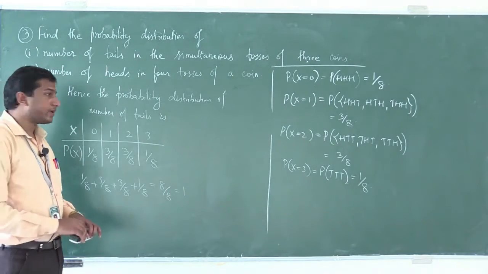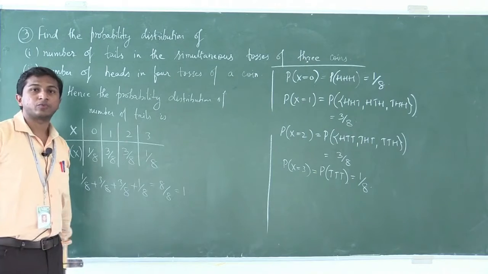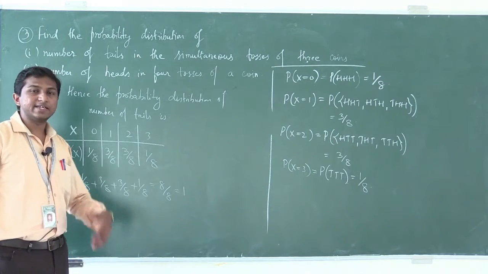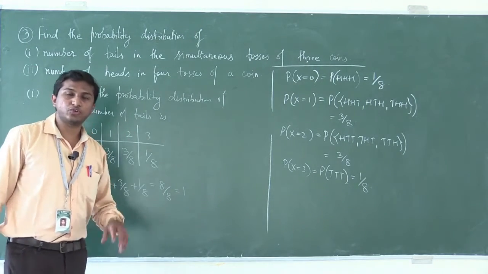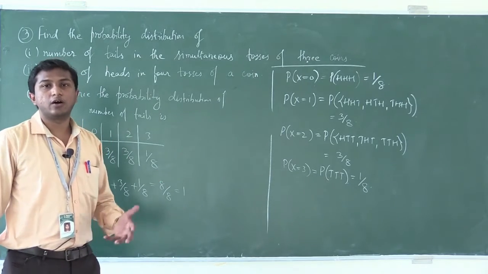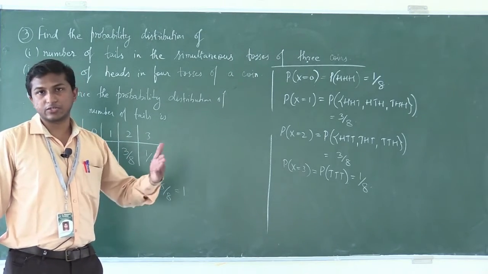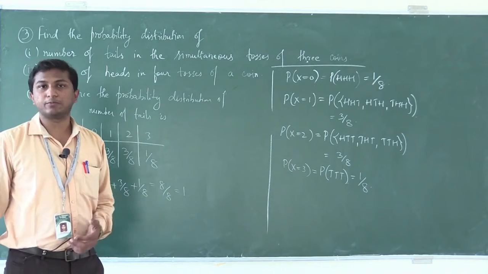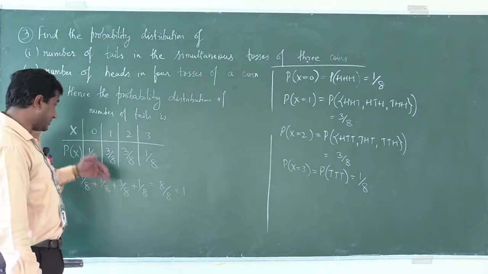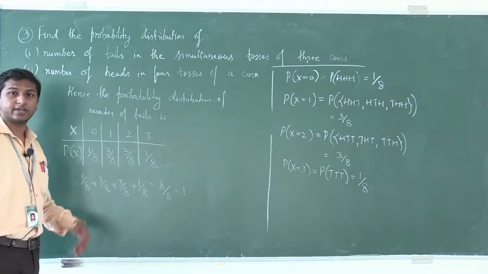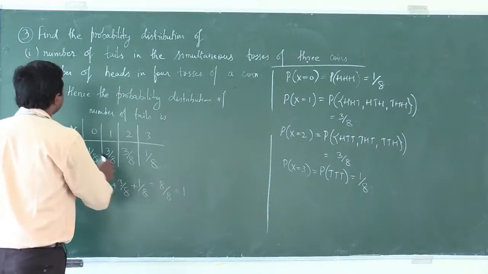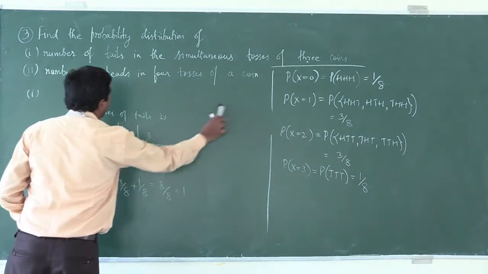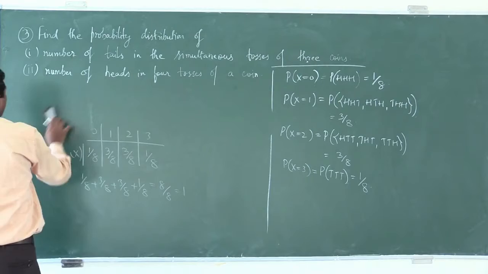So you can see that this probability distribution satisfies the 2 conditions for a system of numbers to be a probability distribution. Hence, this probability distribution is correct. Moving on, similarly, we solve sub-question number 2.